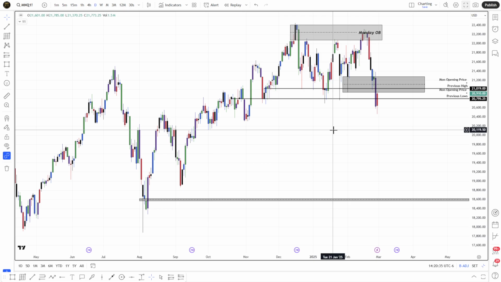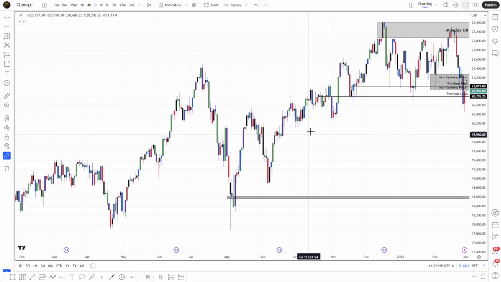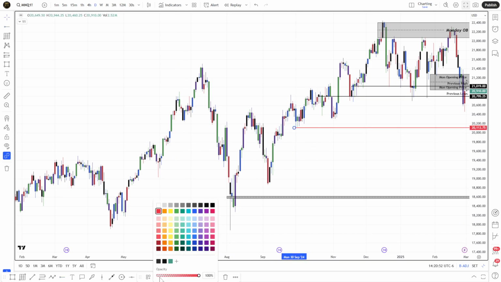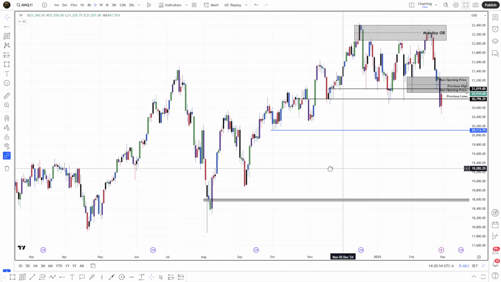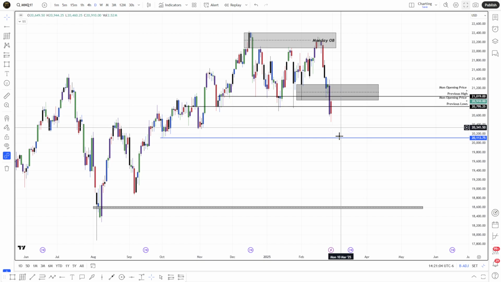And we look at areas of interest over here with Tuesday, and I have this Tuesday low marked out. So again, framing a logical thought process for how the weekly candle is going to play out, and where we would see possible points of interest for each day of the week.